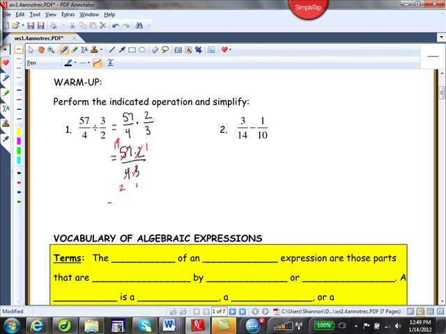So we will end up with 19 times 1 over 2 times 1, and at the end of the day we have a result of 19 halves. I forgot my equals sign. Let's be consistent here.